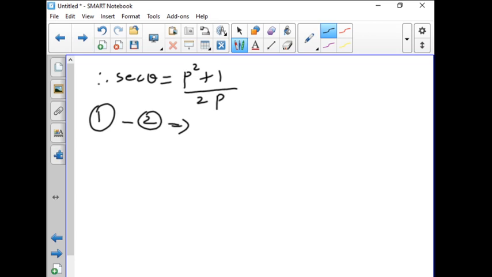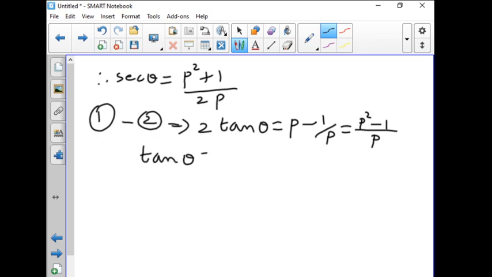When you subtract, 2 tan theta is equal to P minus 1 by P. Taking LCM, P is the LCM, P square minus 1. So tan theta is equal to P square minus 1 by 2P.